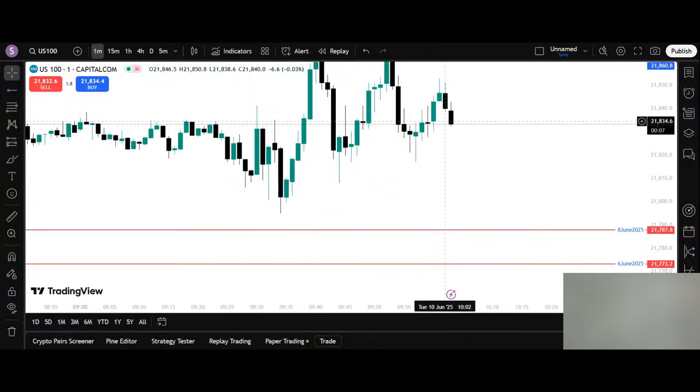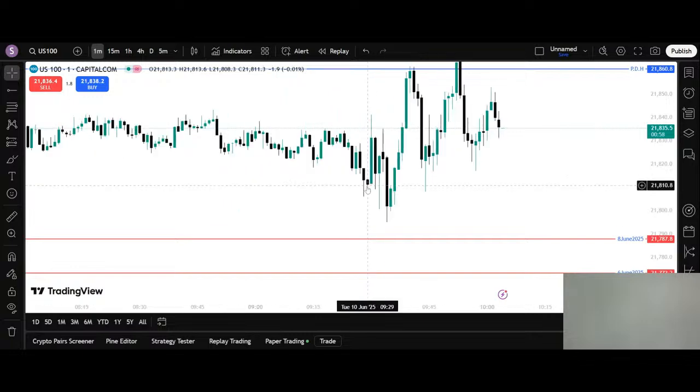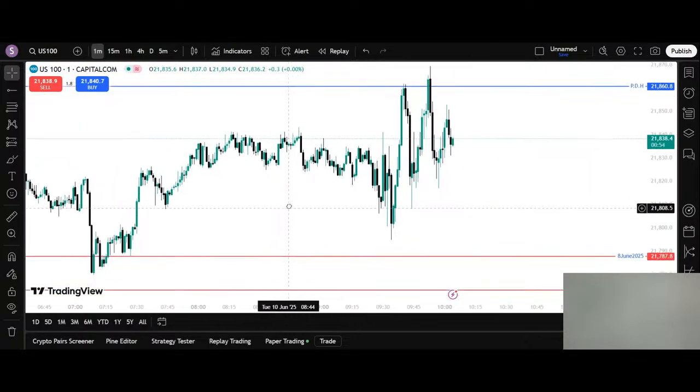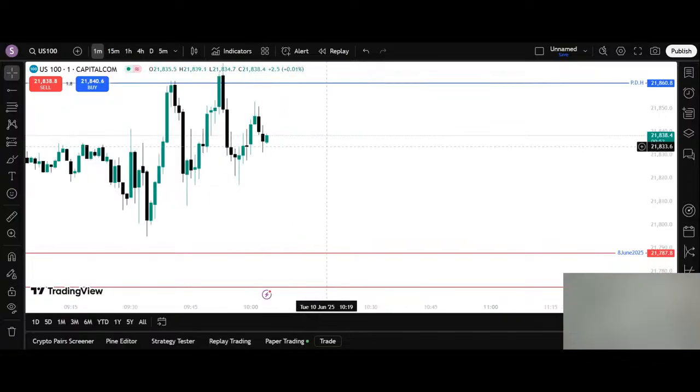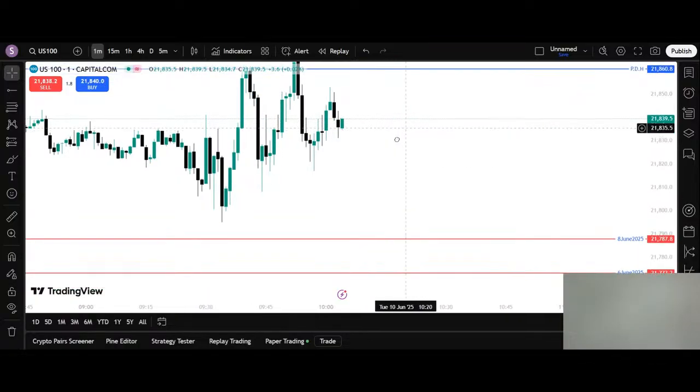Maybe if price gives me a market structure shift within FVG, I could be taking a trade till down here or here, but I'm gonna wait for it and see what the market is doing.